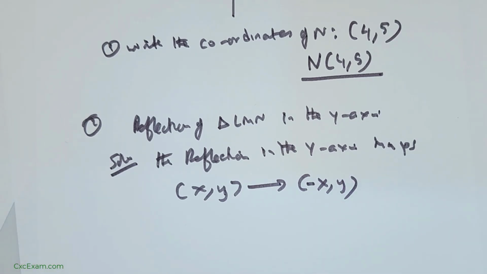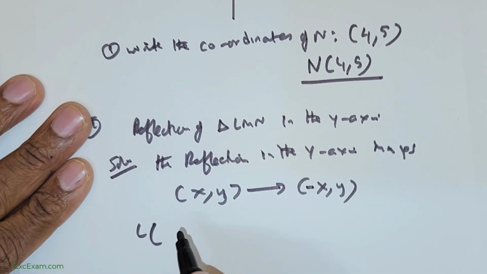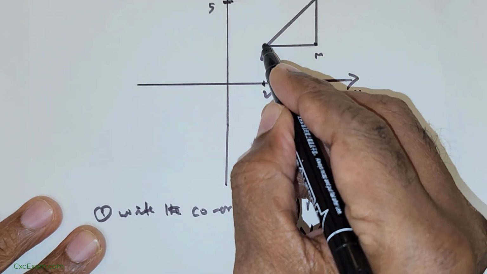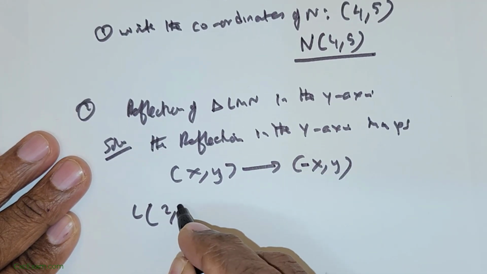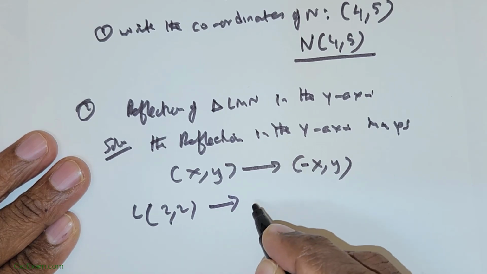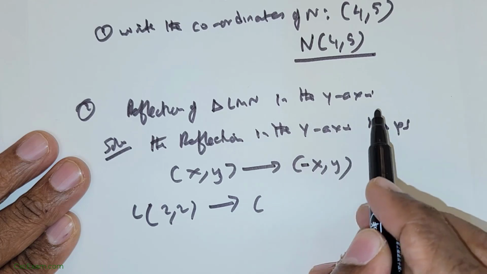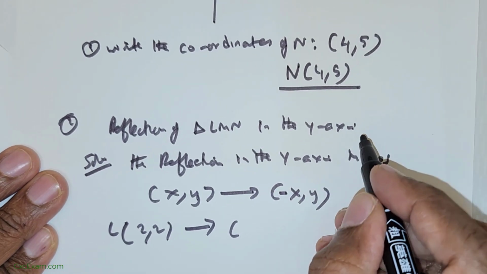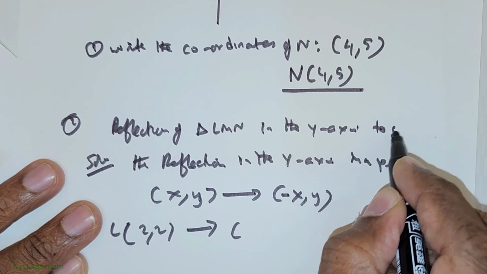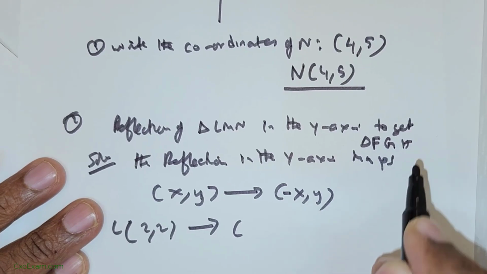negative x, y. So that means L is actually at 2 and you have a 2 there. L of 2, 2 will be mapped onto, so we are actually obtaining to get triangle FGH, right?